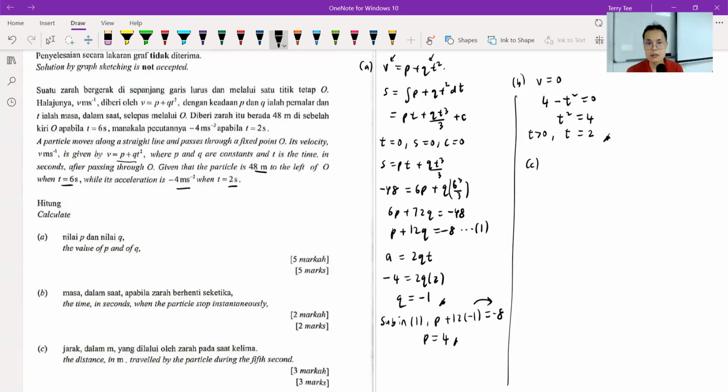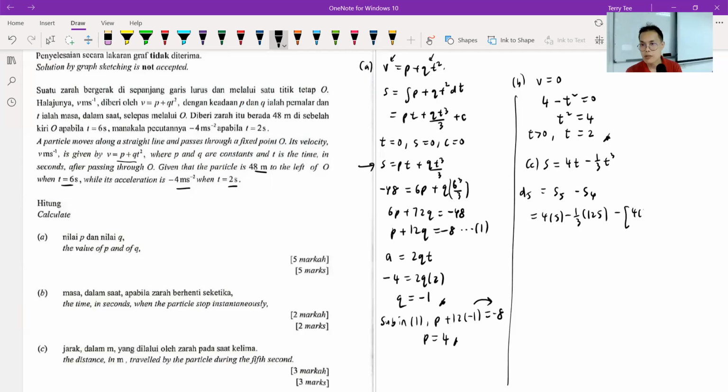Then let's find the distance traveled by the particle during the 5th second. First we need to find our displacement function. I know that p is 4, so I put 4 inside here: 4t. q is negative 1, so it's negative 1 over 3 t cubed. The distance traveled in the 5th second is actually s5 minus s4. Let's put 5 inside: 4 times 5 minus 1 over 3 times 5 cubed, which is 125.